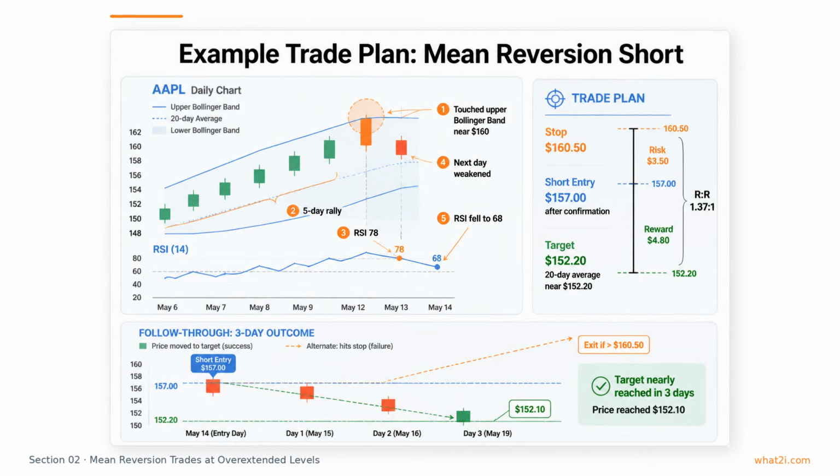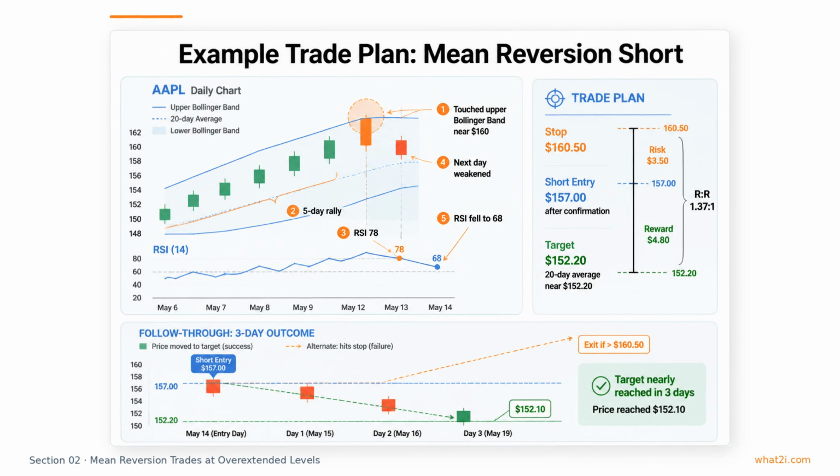Imagine AAPL rallied for 5 straight days and pushed RSI to 78, while price touched the upper Bollinger Band near 160. That gives you the overextended condition, but not the entry by itself. The next day, price weakens and RSI slips to 68, which suggests momentum is starting to cool. A trader might then consider a short entry around 157 after that weakness is confirmed.